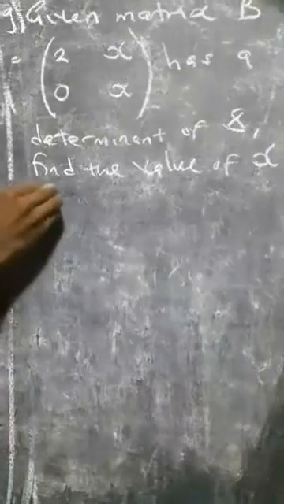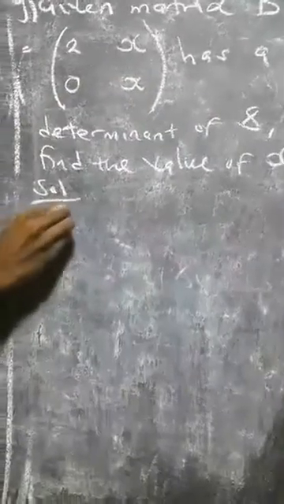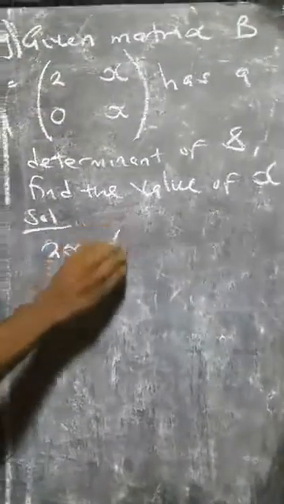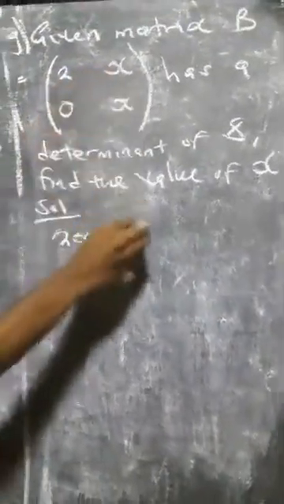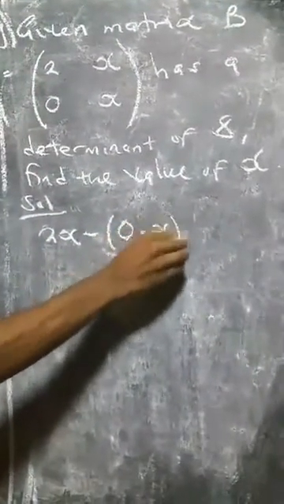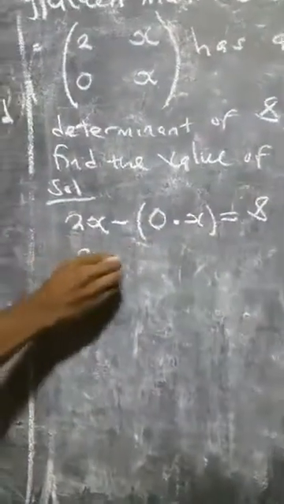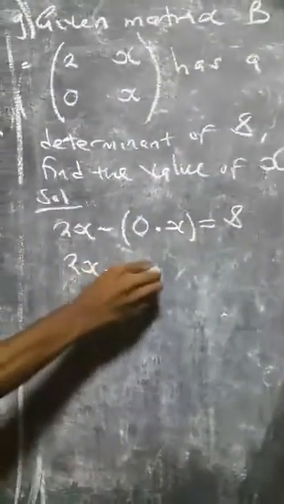So yet again, it's the major diagonal minus the minor diagonal. So it's 2 by x, which is 2x, minus open brackets 0 by x. The answer must equal 8. That means 2x minus 0 is equal to 8.